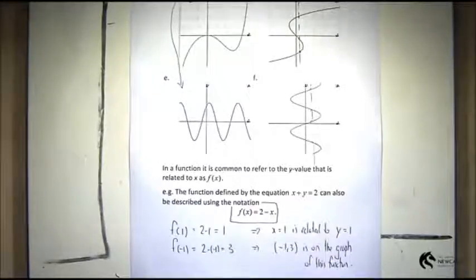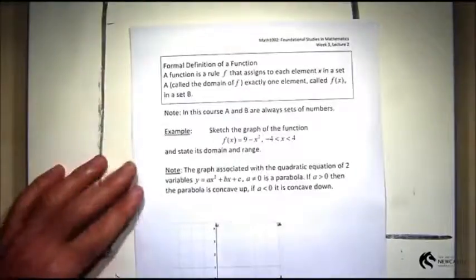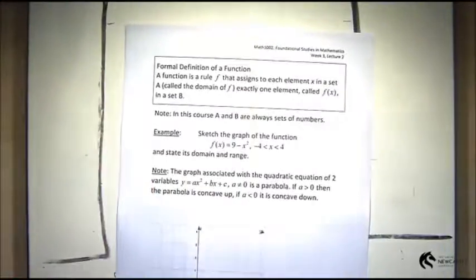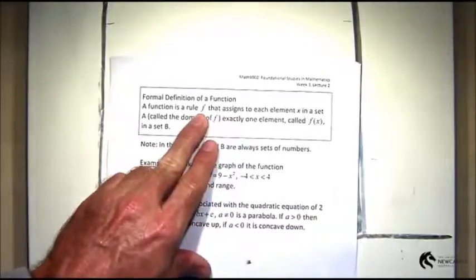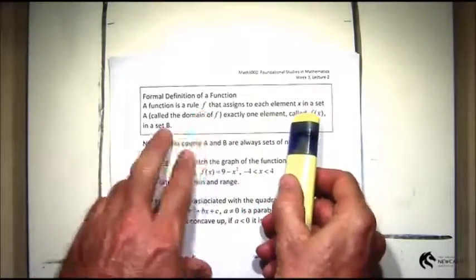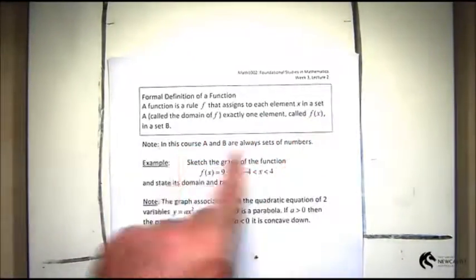When you get into later maths classes, you'll find the definition of function is quite broad. I'm going to try and give a formal definition here of a function that suits what we're going to talk about in this class. So for us, a function is a rule that we shall call f that assigns to each element x in a set, that's called the domain, exactly one element, which is f of x, in a different set.